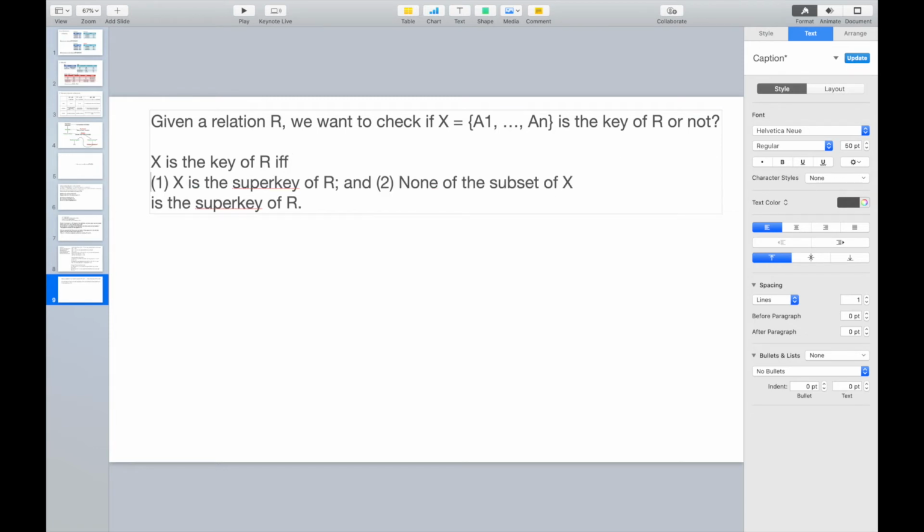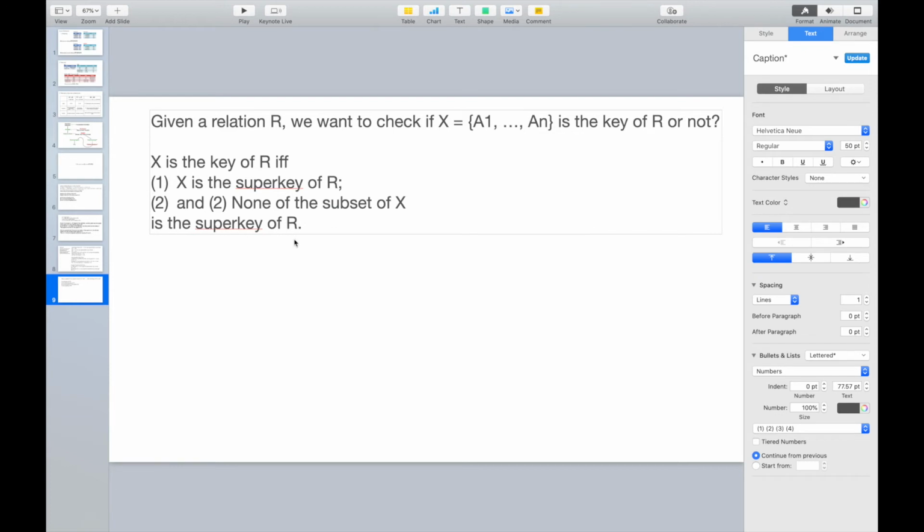We have two conditions. First of all, X should be able to determine all the other attributes in the relation. And none of the subsets of X can determine all the attributes of the relation. This is the definition we can derive.